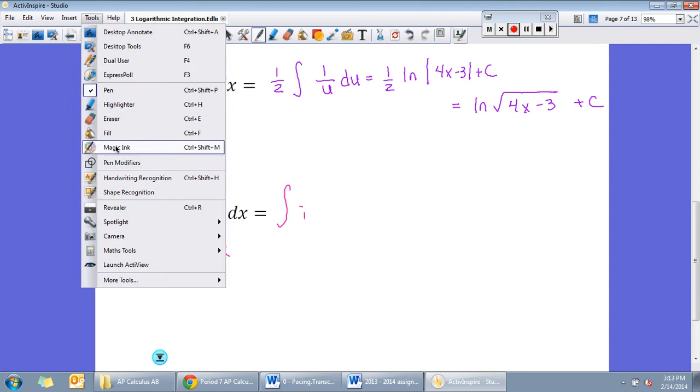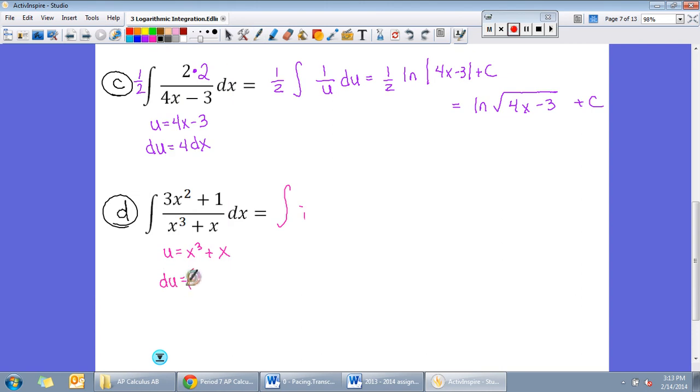And then our du is going to be, of course, 3x squared plus 1 dx. So our entire numerator times the dx is going to be du, and our entire denominator is going to be u. So we have 1 over u du, and then of course the integral of 1 over u is going to be the natural log of whatever u was in an absolute value.